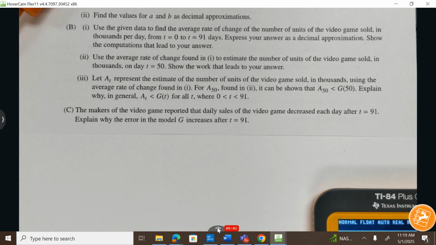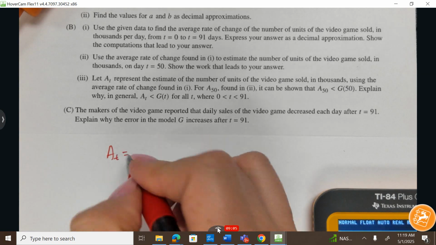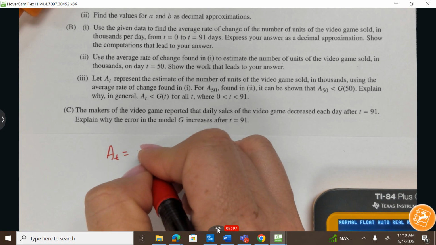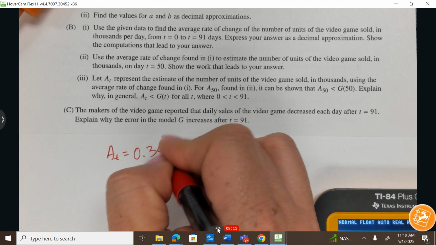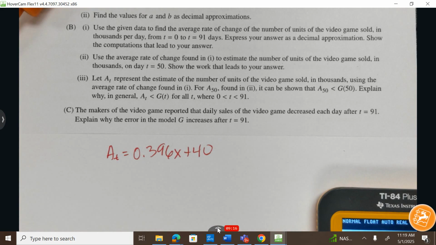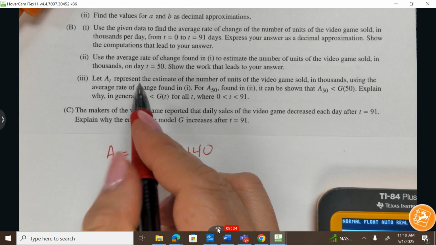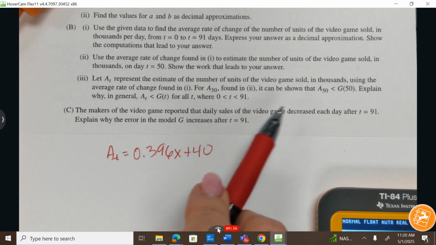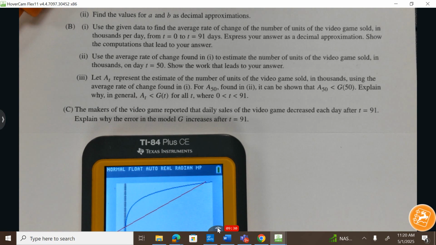Okay, so part 3 says we're going to use that equation. We're going to say A of t represents the equation that I just did, that secant line from t equals 0 to t equals 91. So 0.396x plus 40. Okay, that's that secant line. It represents the estimate of the number of units sold in thousands using the average rate of change. So when t equals 50, which we found in our previous part, we can see, and I'm a visual learner, this is what it's saying.